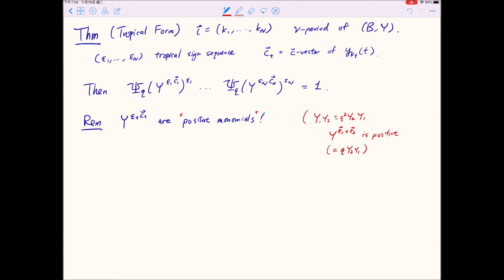So even though it is positive, there will be some kind of Q factors in front. So let's look at the example, and you should expect that we should get back the standard pentagon identity in, again, this case.